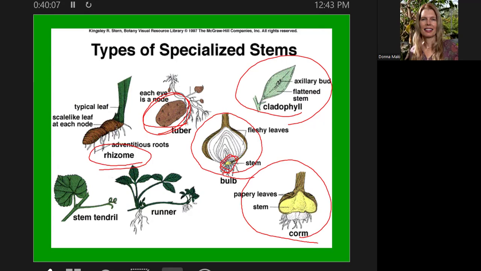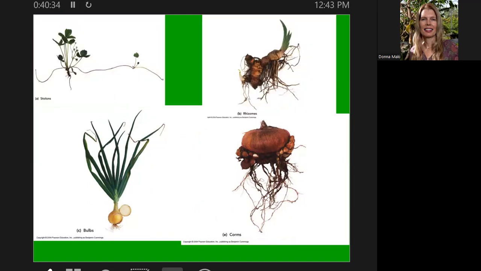A corm is really, when you look at the whole thing, it's mostly stem tissue, and the leaf tissue is just those papery, dead-looking things that surround the corm. And then we can have modified stems that form tendrils or runners. So stem tissue can do a lot of different things. Here's some actual images.